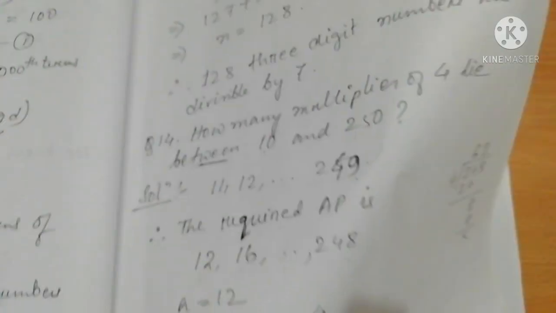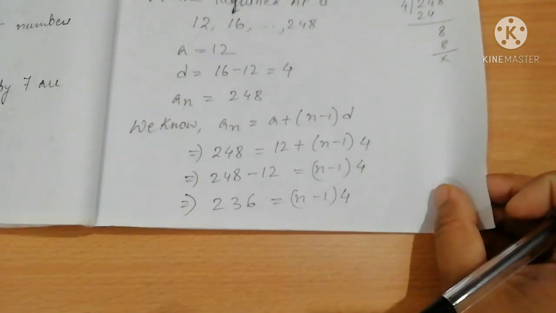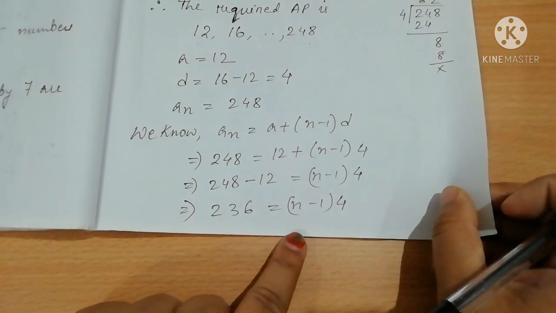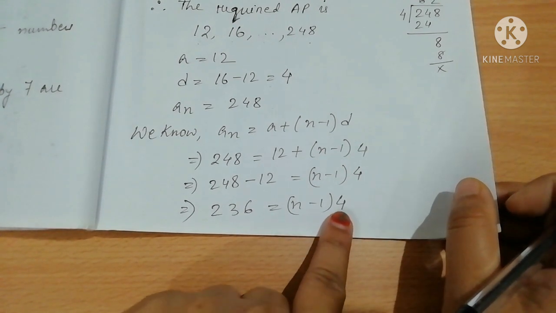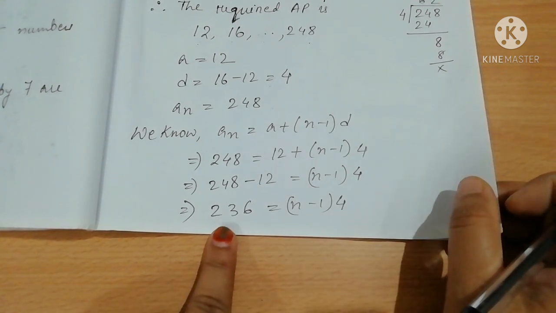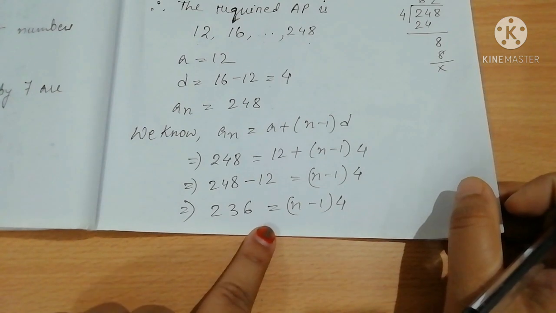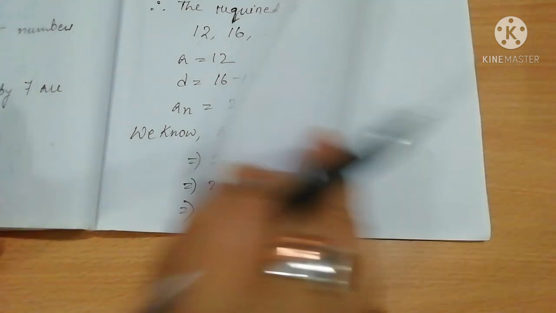Why divided by 4? Because in the last equation it was 236 equals n minus 1 into 4. This 4 will go to the other side and be divided. So 236 by 4 is equal to n minus 1.